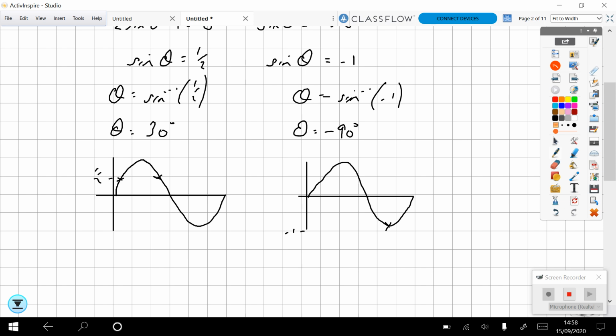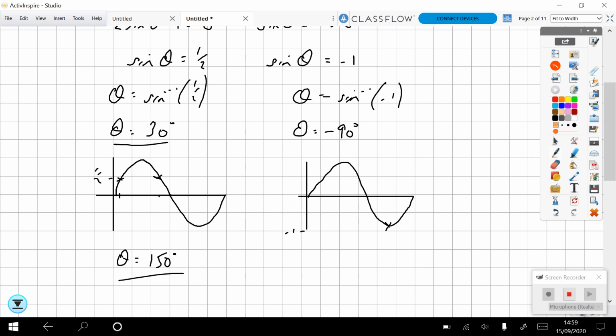Okay, so there's my 30 degrees. This is 180. This has to be 150 degrees, because of the symmetry of the sine curve. Over here, inverse sine, the calculator tells me negative 90.